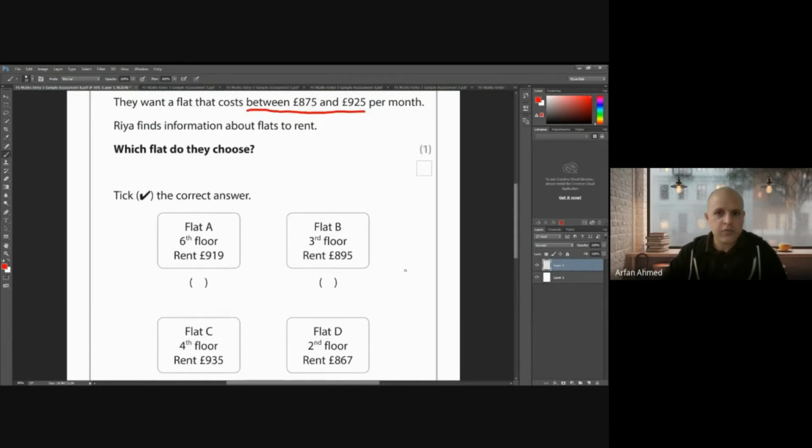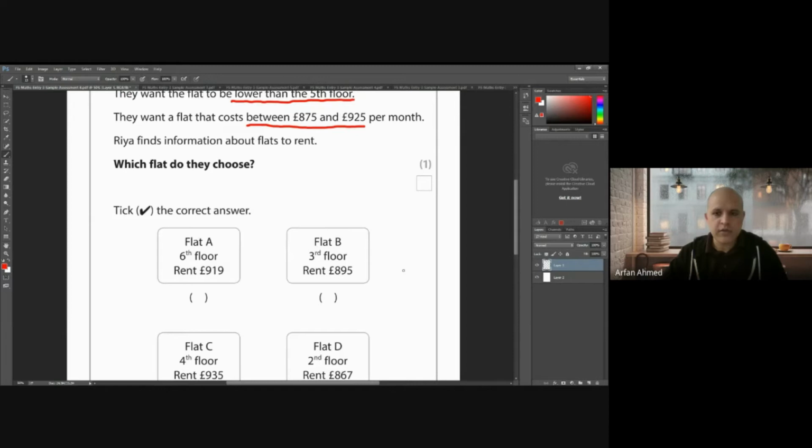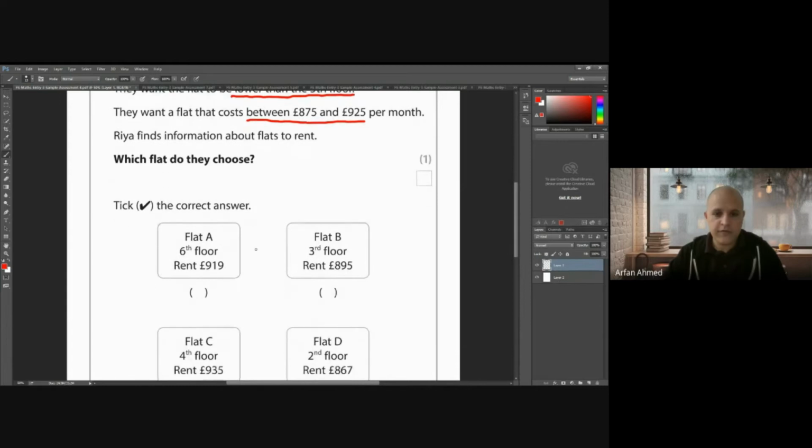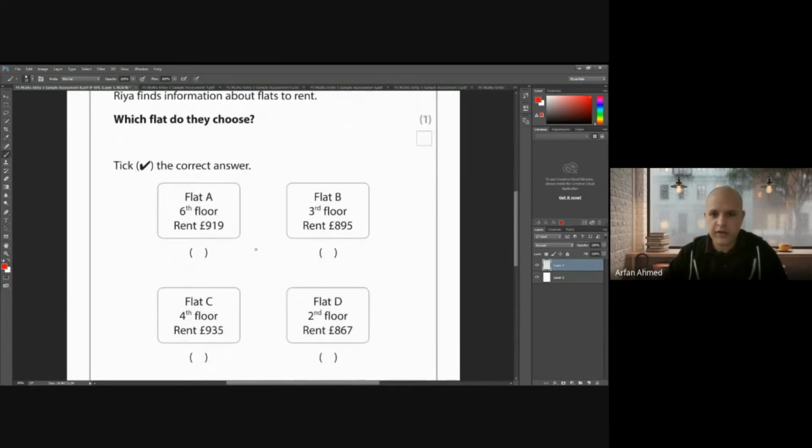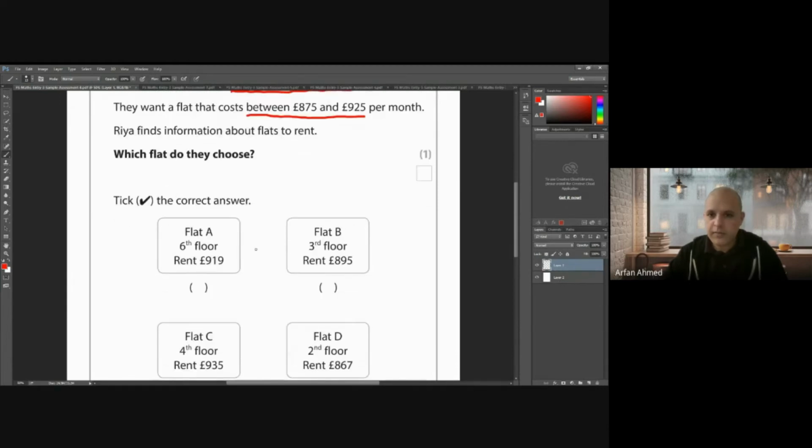What was the second requirement? Between £875 and £925. Again, we're ignoring flat A. I know the price is fine, but it has to be below the 5th floor, so we're not considering flat A at all.